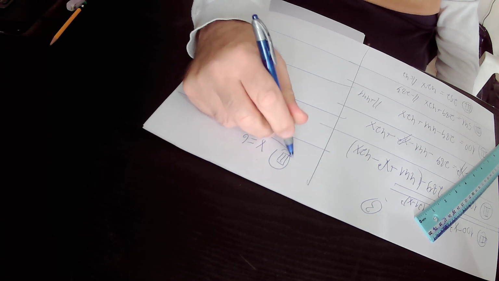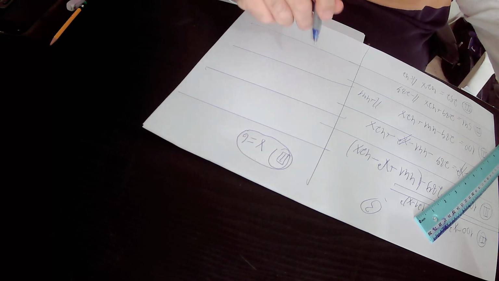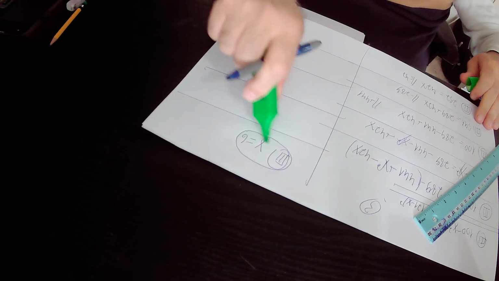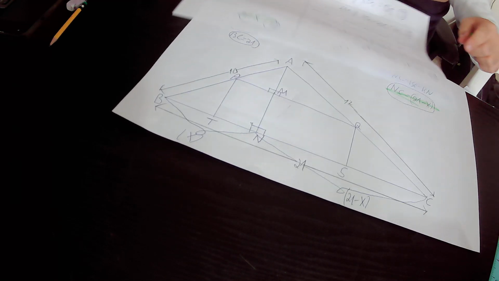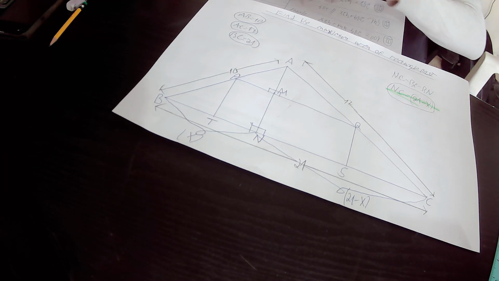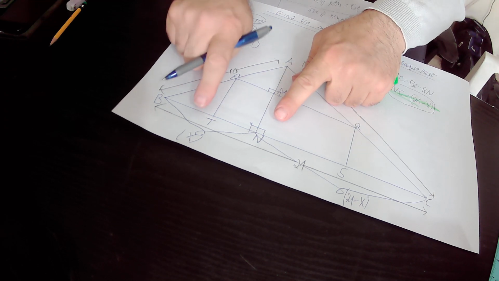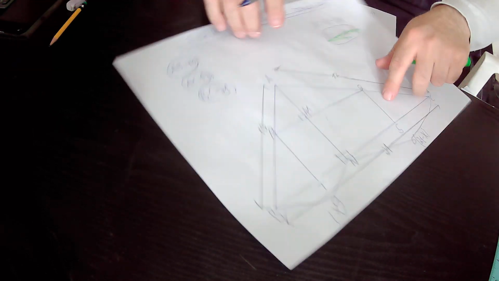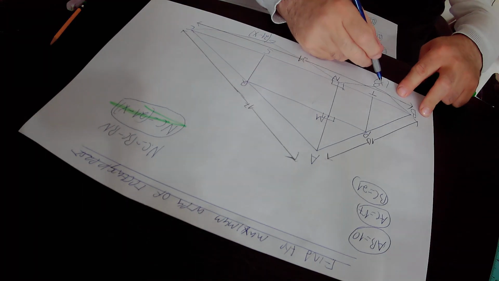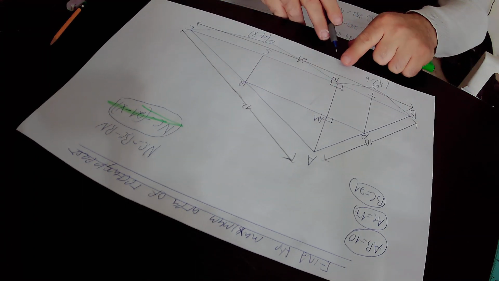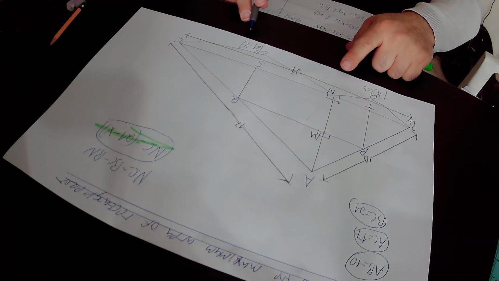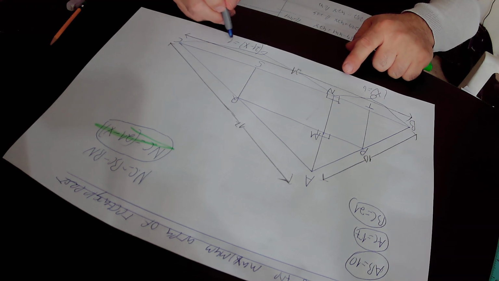So we find that x equals 6 units in length. So side BN is equal to x, which is 6 units. And side NC, that is 21 minus 6, is 15.